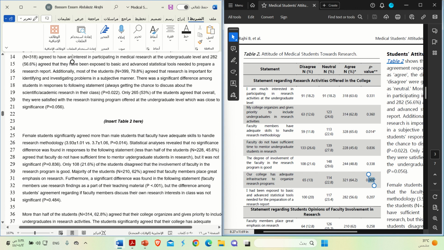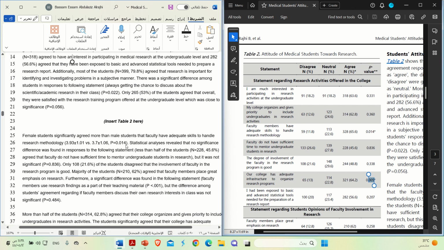So you just want to talk about the big picture things. You don't want to state each variable. So you don't want to say that 91 participants disagreed to this, and 91 were neutral, and the majority 318 agreed. No, you just want to be very general and specify the things that you think are interesting to the readers. Okay?